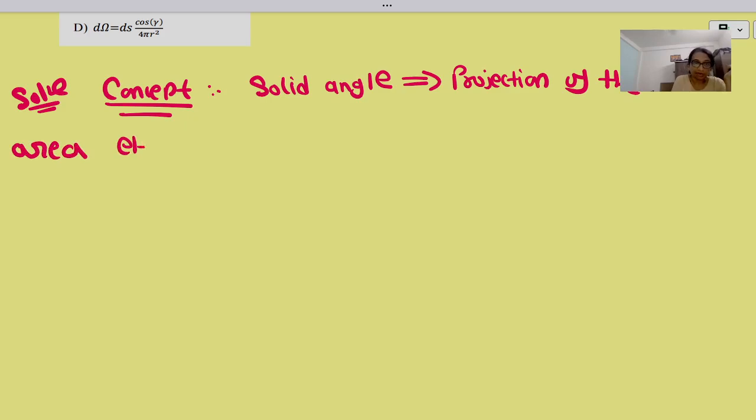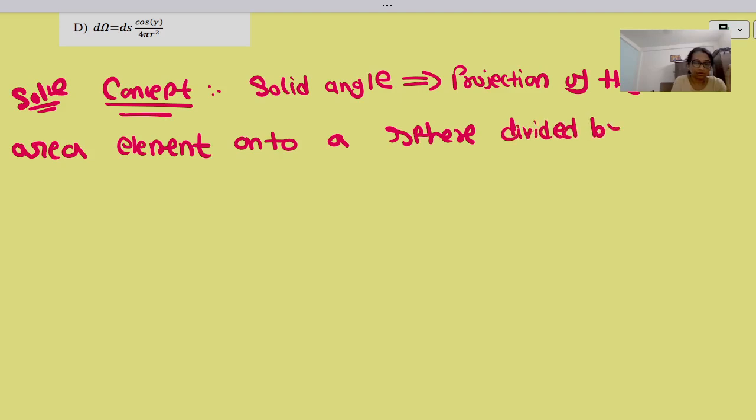The area element onto a sphere, divided by the square of the radius.